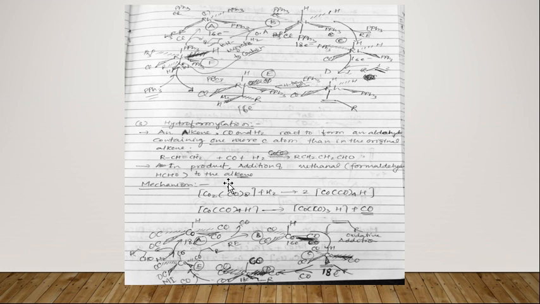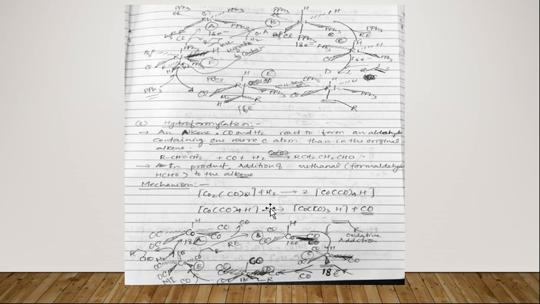So this is a very important reaction. So this is the mechanism. Cobalt 2 carbonylate reacts with hydrogen molecules, forming twice of this cobalt CO, HCo(CO)4.